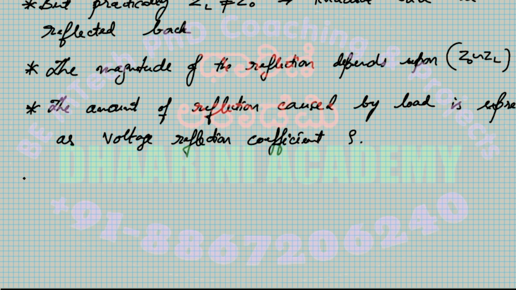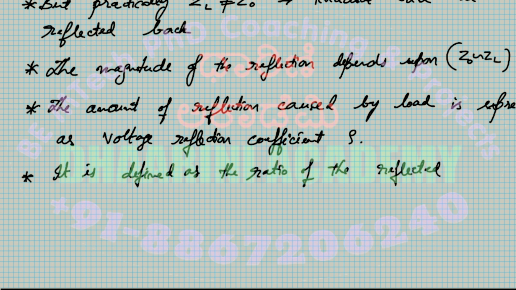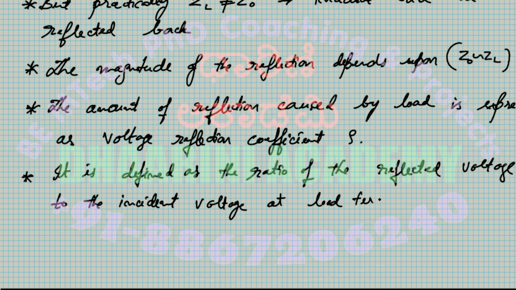So it is defined as the ratio of the reflected voltage to the incident voltage at the load terminal.